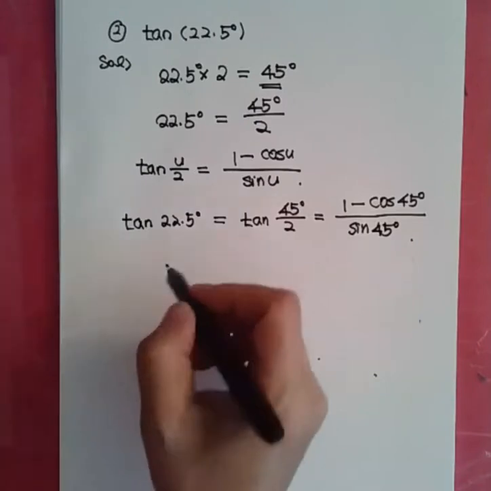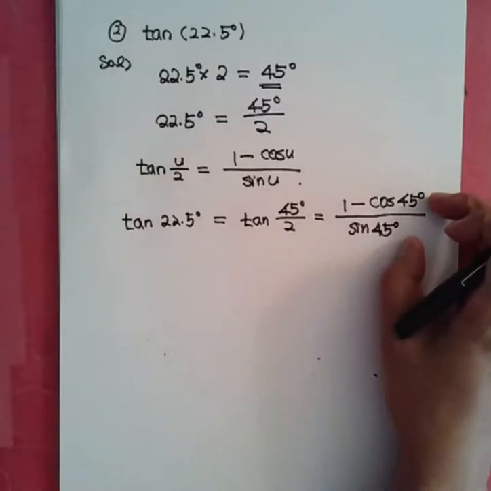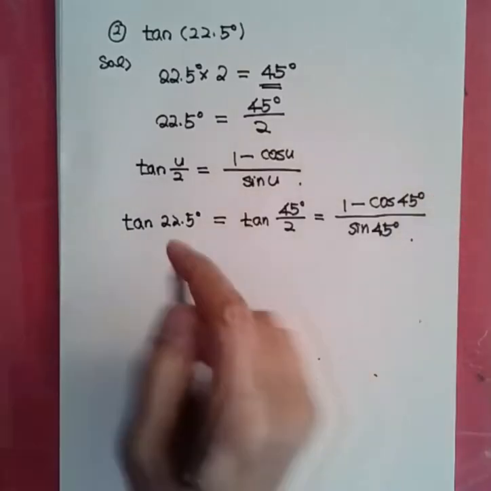If you think about the values, cosine of 45 degrees is 1 over square root of 2, and sine of 45 degrees is also 1 over square root of 2.